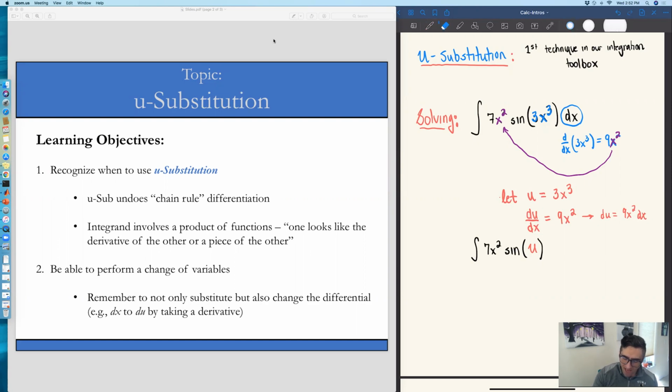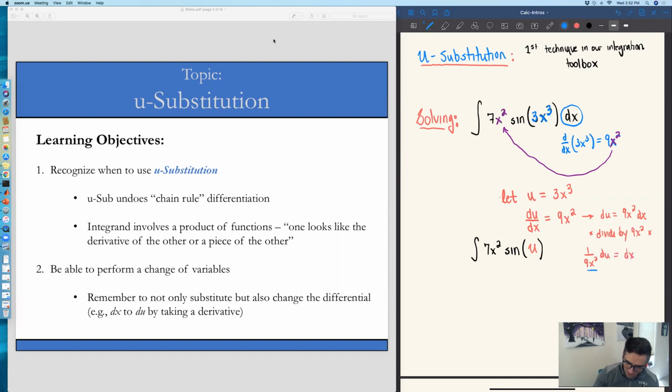So we can divide both sides by 9x squared to get dx fully in terms of du. What we get is 1 over 9x squared du is equal to dx.